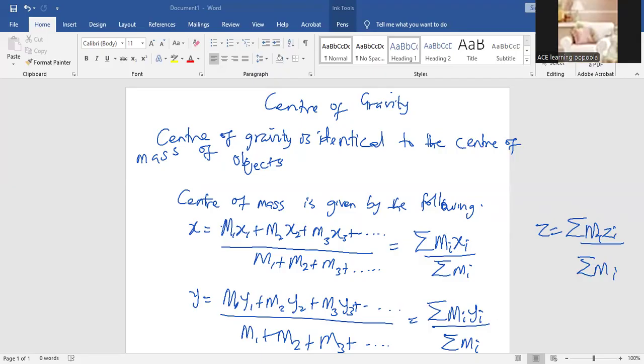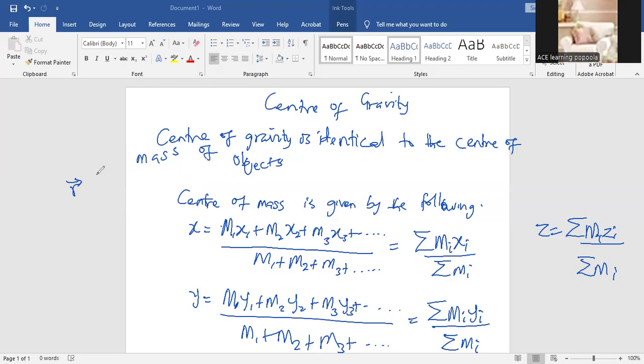Now, since x, y, and z are components of the position vector r, the position vector for the particles in the object, the center of mass with respect to the position vector will now be as follows. Let me explain again.